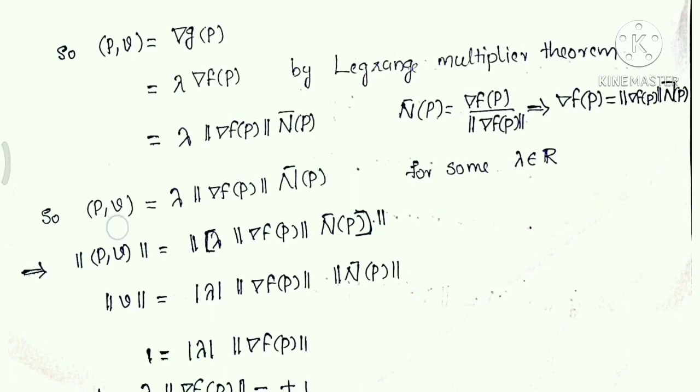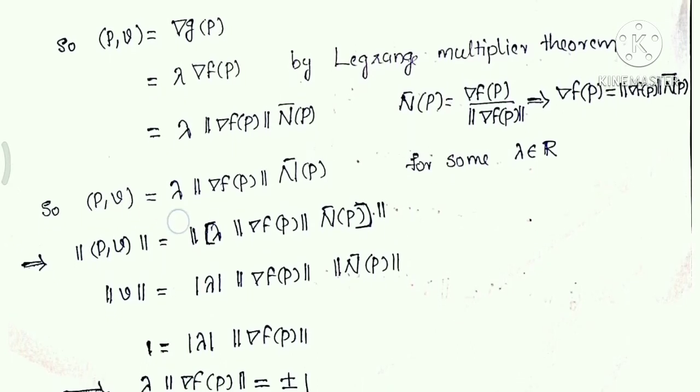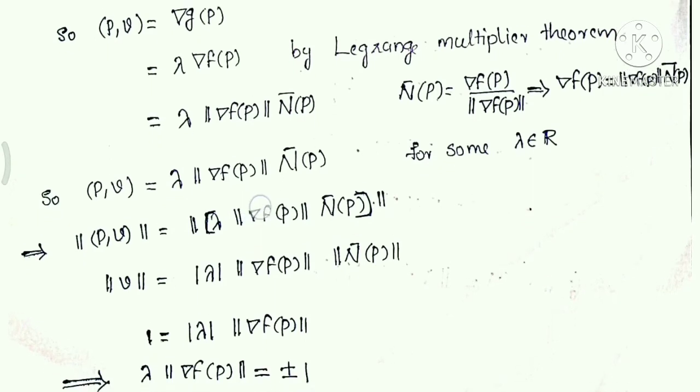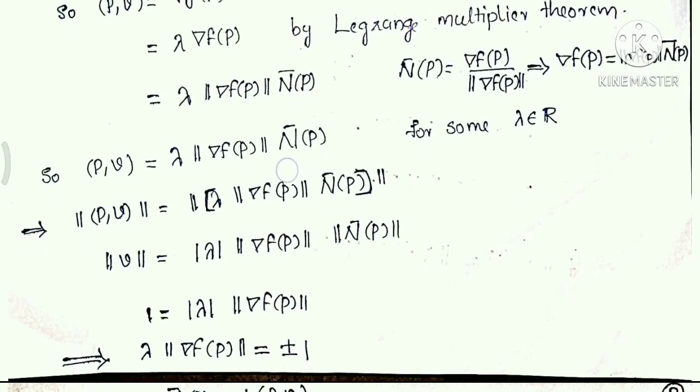That is, v is equal to lambda times norm del f(p) times n(p).